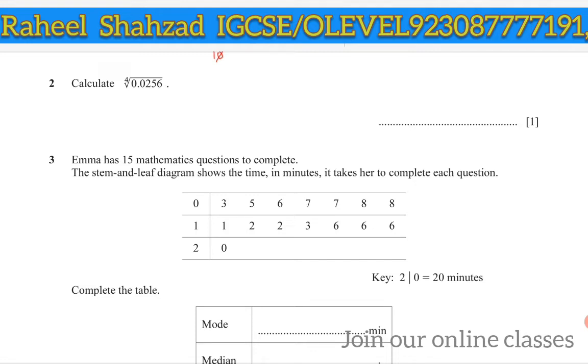Since we are allowed to use a calculator in this case, we can easily find out that the fourth root of 0.0256 is equal to 0.4. Okay.